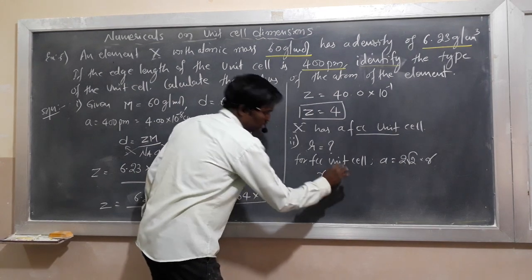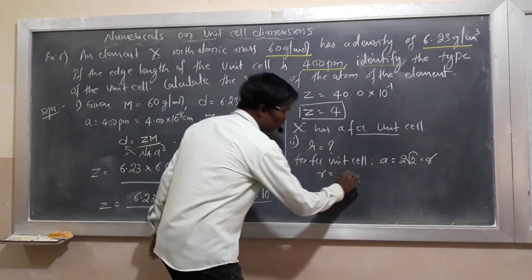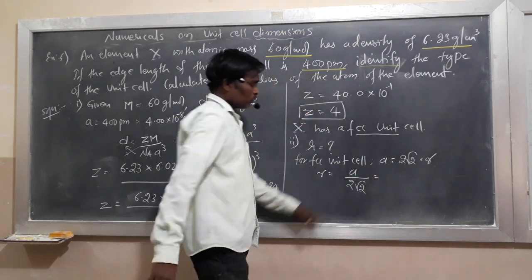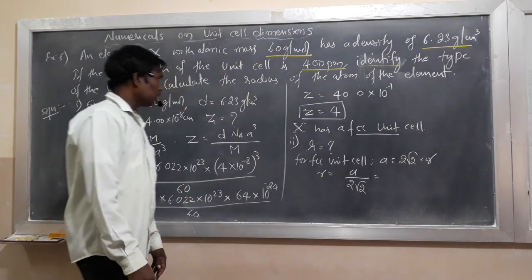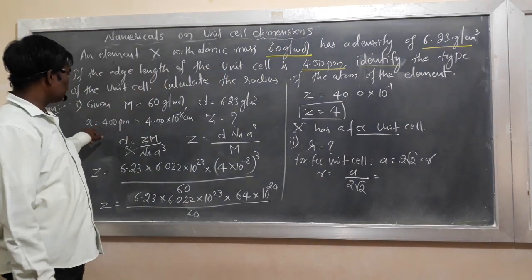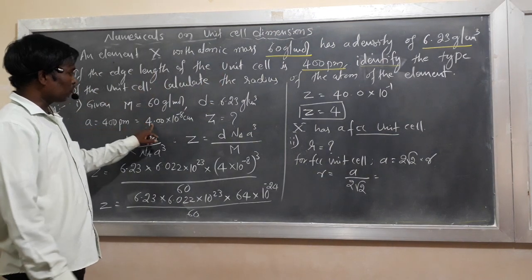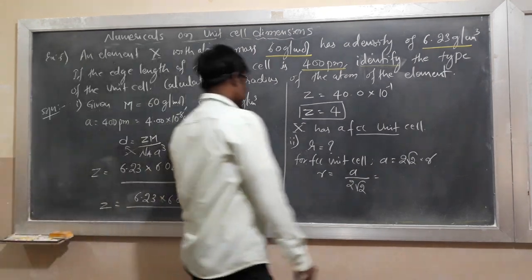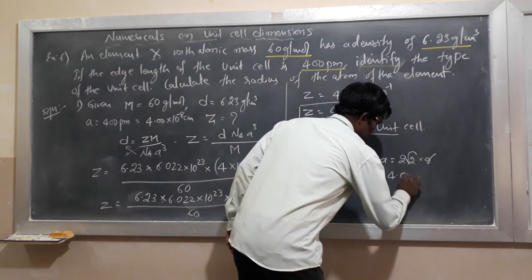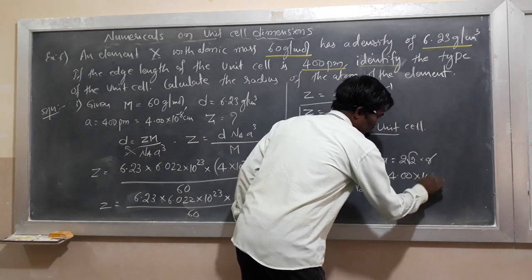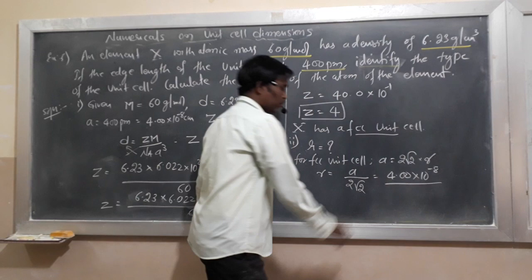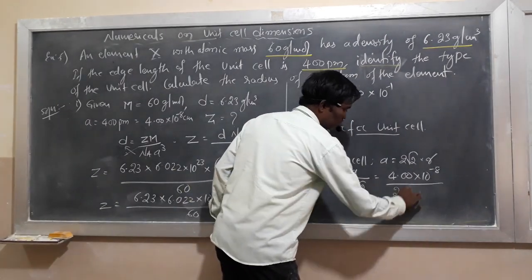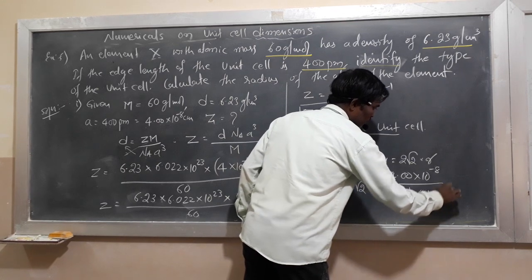Rearrange that for r: r is equal to a divided by 2 root 2. Now substitute the value of a: edge length is 400 picometers, or 4.00 into 10 raised to minus 8 centimeter, divided by 2 root 2. Root 2 value is 1.414.